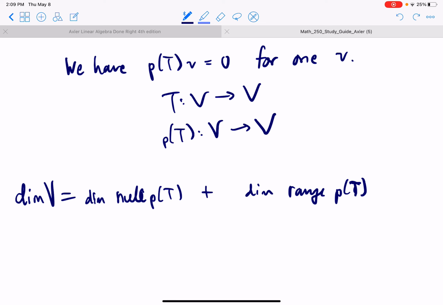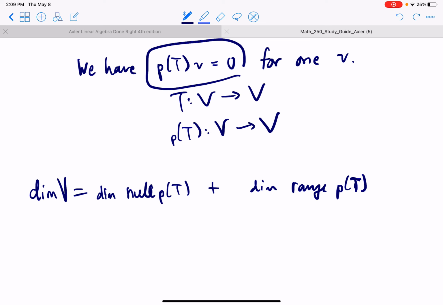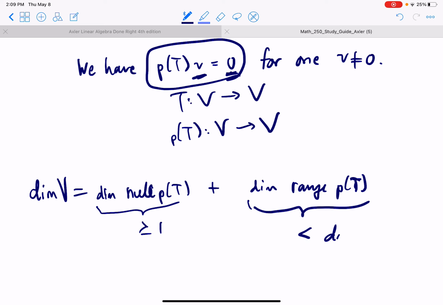Well, how do we know that? Well, look at p of T times v is equal to 0, and v is non-zero. We chose some special v that was not 0. We found a polynomial that sends it to 0. That means the null space dimension is greater or equal to 1. Okay, but that means that the range dimension is strictly less than the dimension of the whole space.